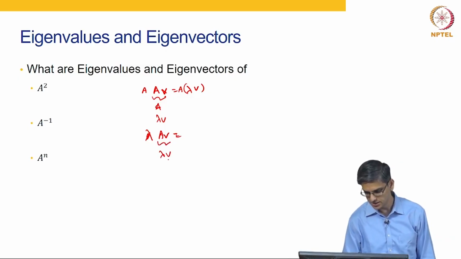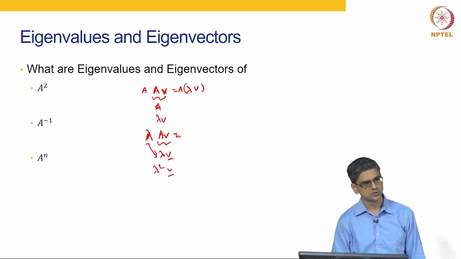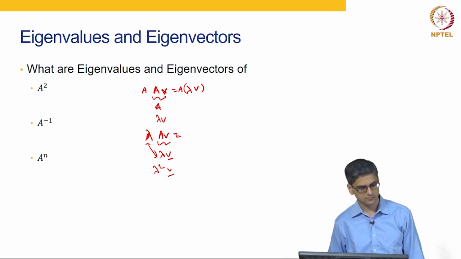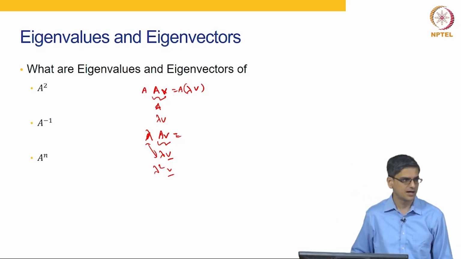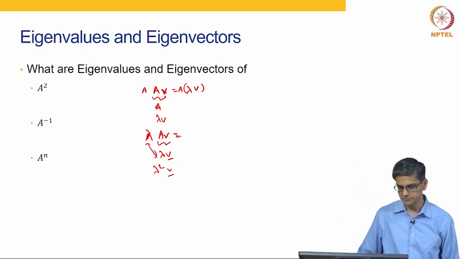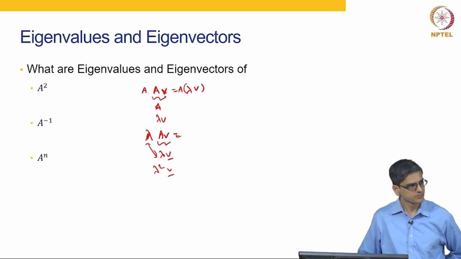This is lambda v, which is equal to lambda square v. So, A square v is lambda square v. So, if lambda is the eigenvalue of A, lambda square is the eigenvalue of A squared, or lambda to the power n is eigenvalue of A to the power n.